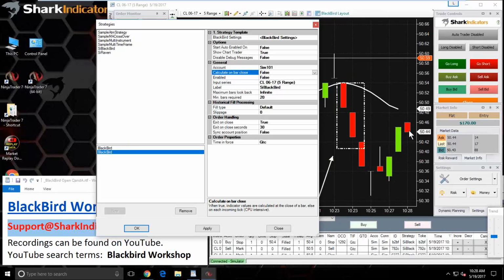Either you use the live bar that's building as your most current bar, or you use the previous closed bar. Your starting bar is determined by Calculate on bar close. Most people are using COBC as true, so we'll consider that COBC is always set to true. That means we start with the most recent closed bar.